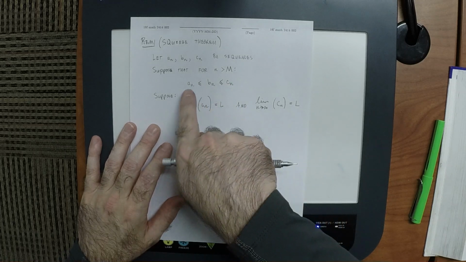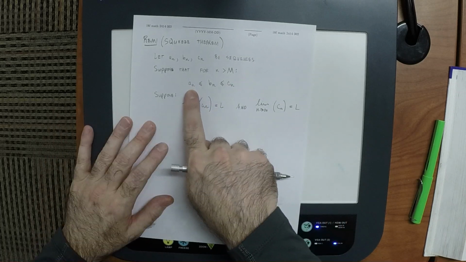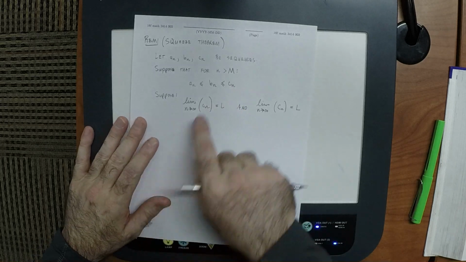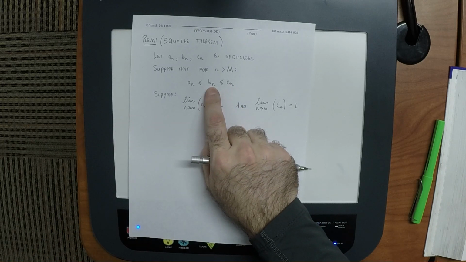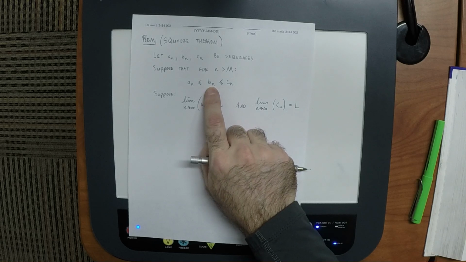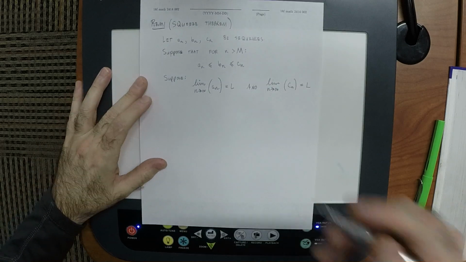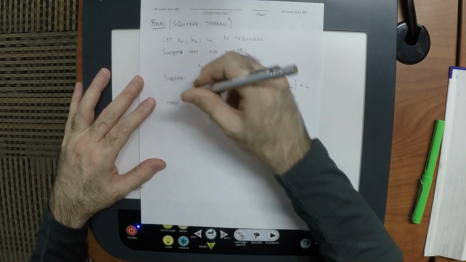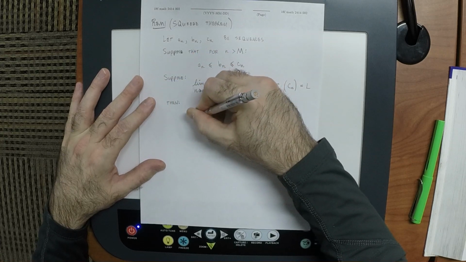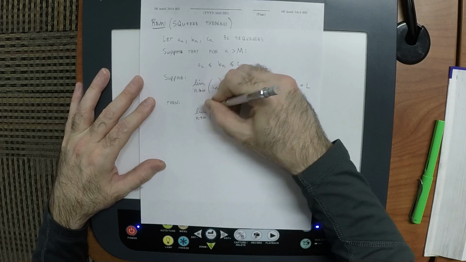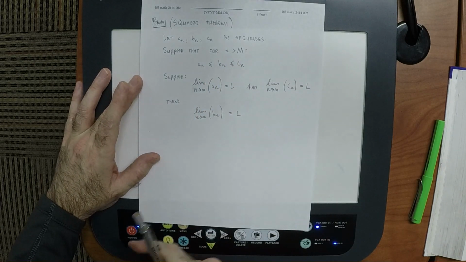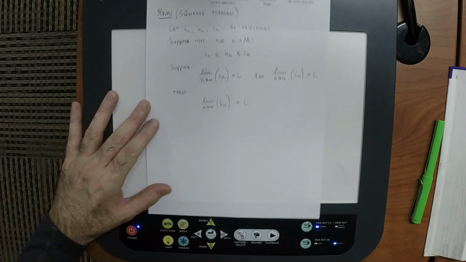And furthermore, the left side has a limit, which is L, and the right side has a limit, which is L, then that means that the middle must have a limit, and furthermore, it must be L. So what it's saying is that the limit as n goes to infinity of BN is L. That means that it must exist, and furthermore, it must be L.